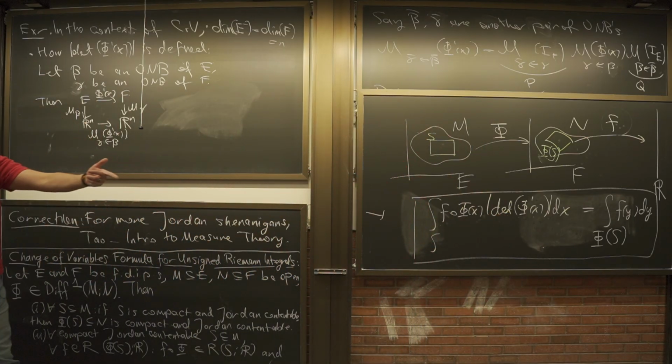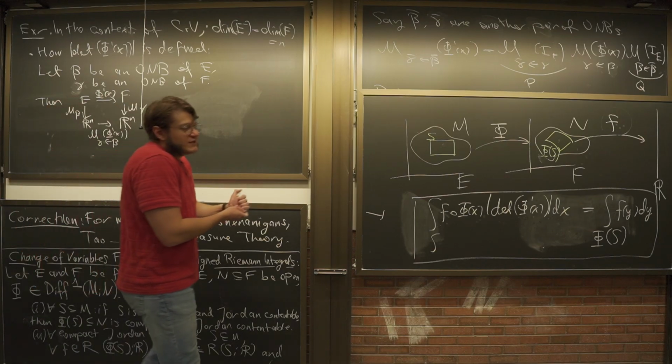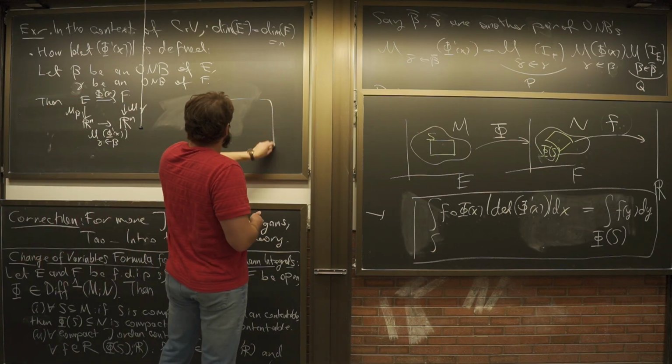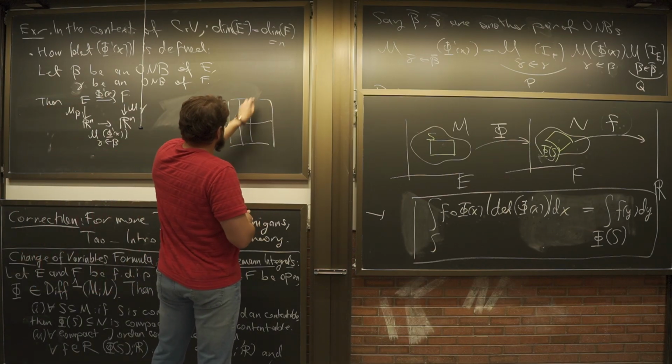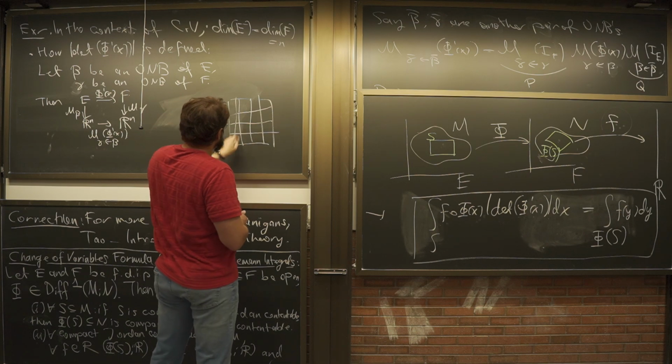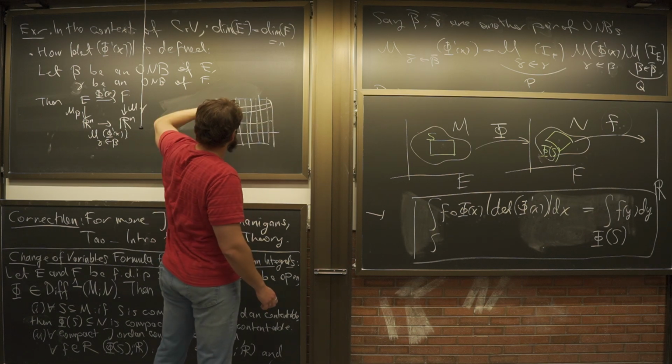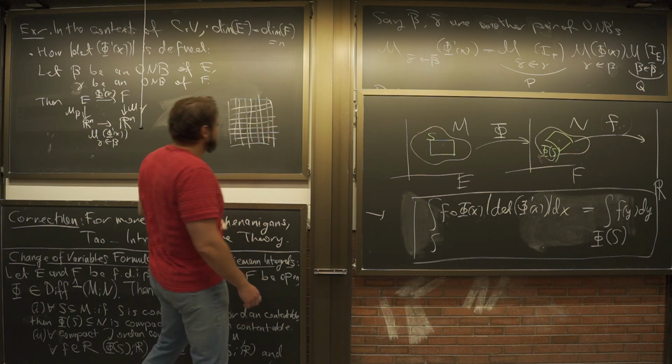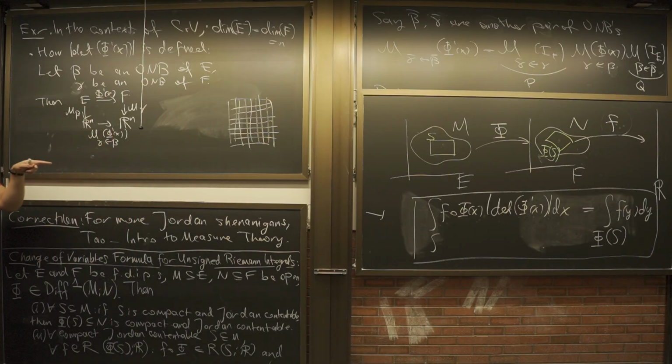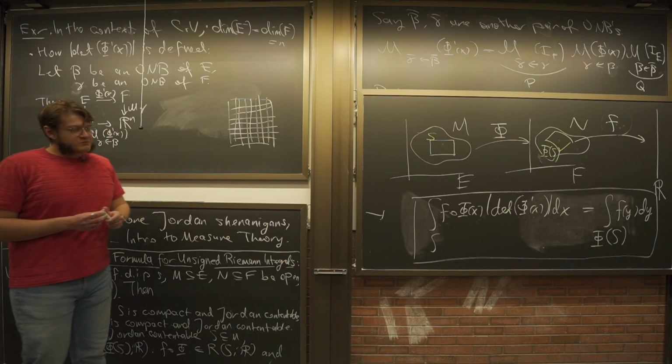Because ultimately these integrals are defined by virtue of partitioning the space over which you're integrating. But then if your pixels are small enough, your diffeomorphism is going to be virtually linear by virtue of the mean value theorem, whatever. Does this make sense?